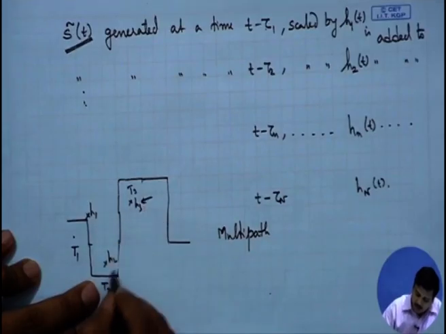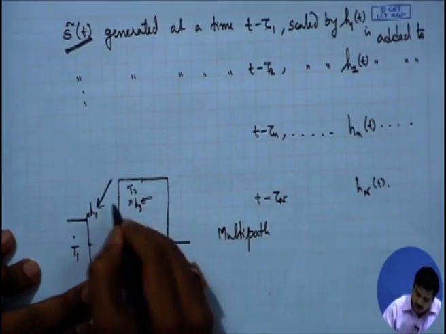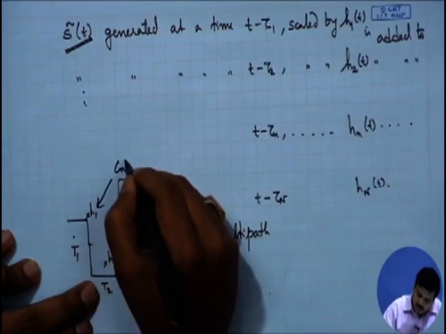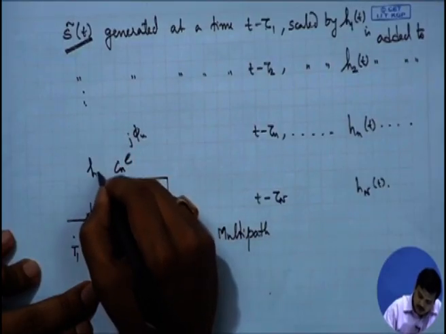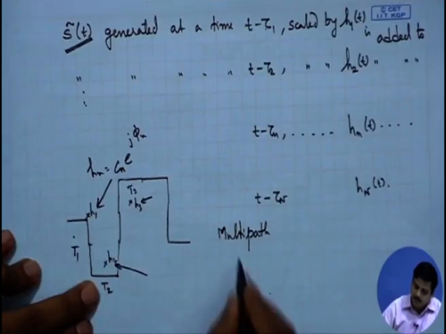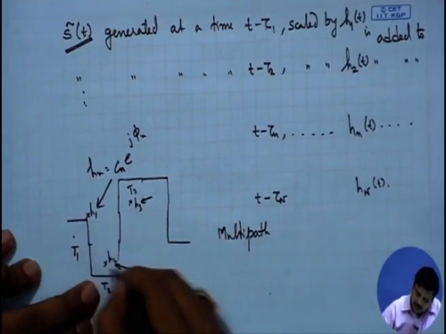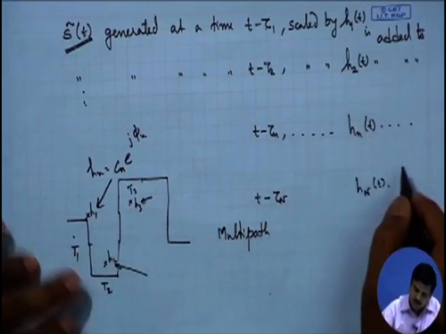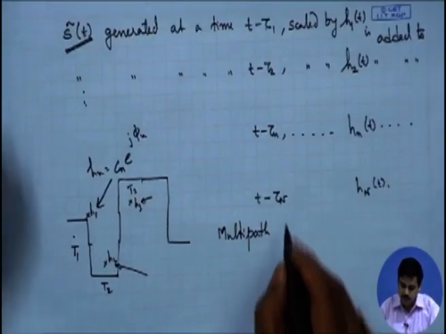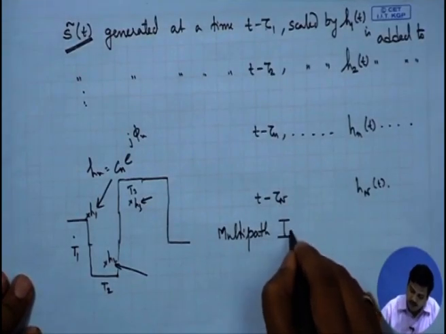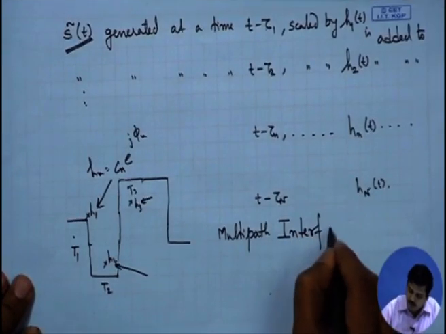These are due to the paths, because they are equal to C n e to the power of j phi n h n, this we have already said, multipath, and since they are all getting added, as we see in this expression, they are getting mixed up, we use the term multipath interference.